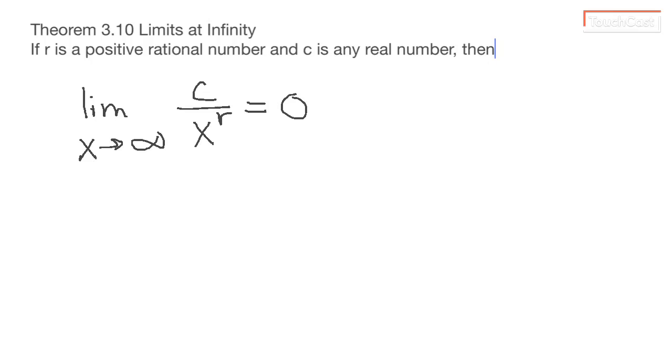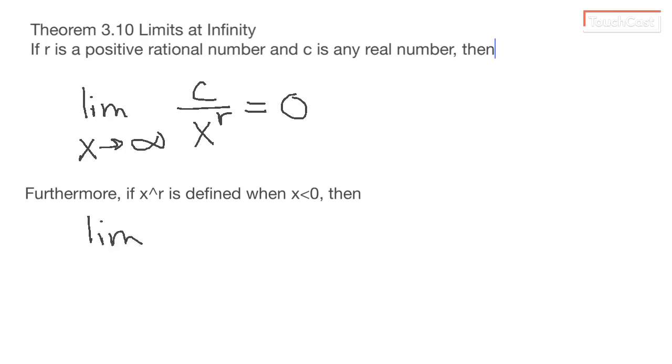There is a little bit more I need to say about this theorem. So we're going to say furthermore, if x to the power of r is defined when x is less than 0, then we say that the limit as x goes to negative infinity of c over x to the r is also 0.